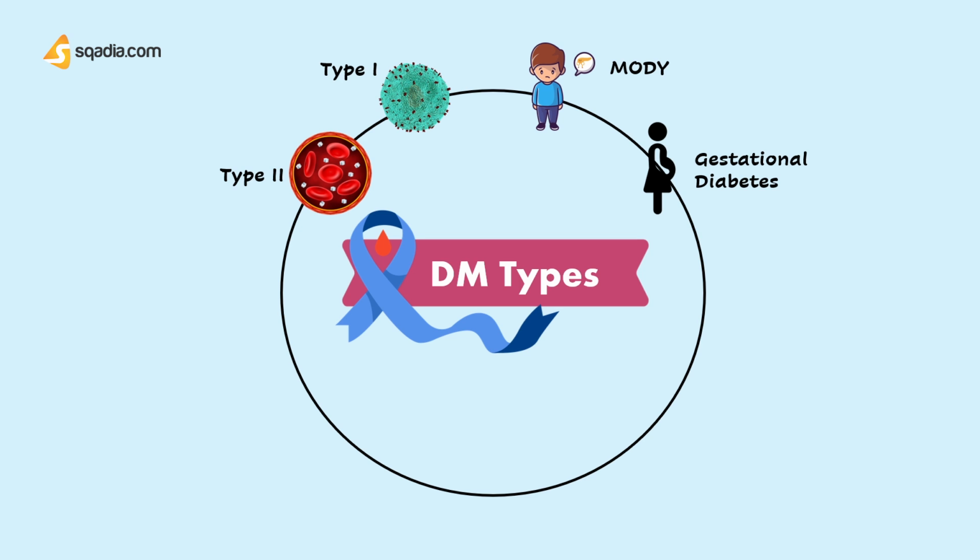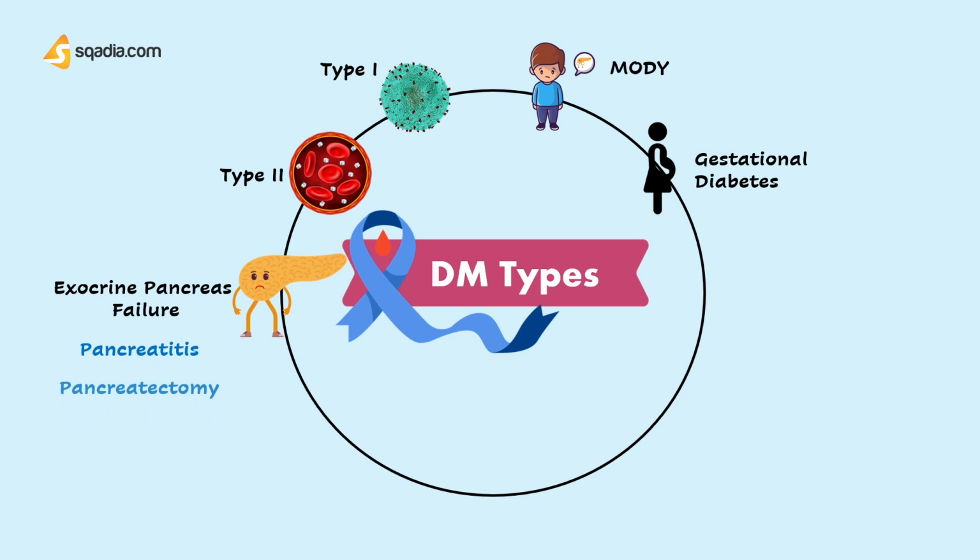Over here, you can see that we have a lot of exocrine pancreatic failure reasons, such as pancreatitis that can ultimately result in increased levels of glucose. We can have pancreatectomy, that is the partial or complete removal of pancreas, that can also ultimately result in diabetes mellitus in individuals.